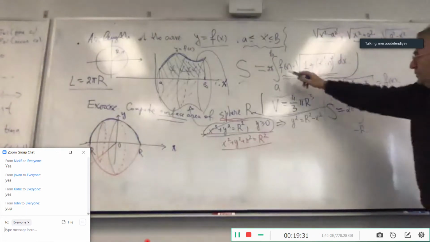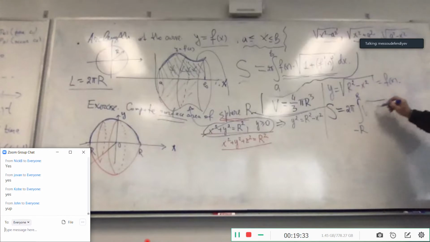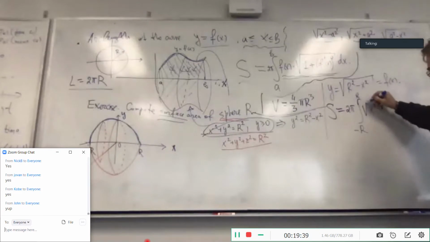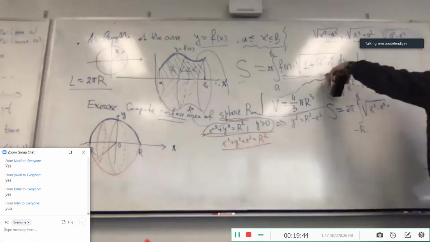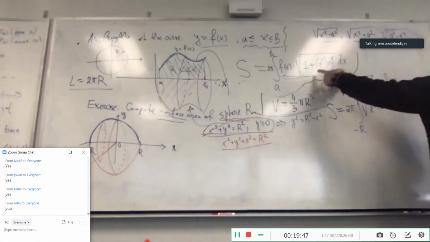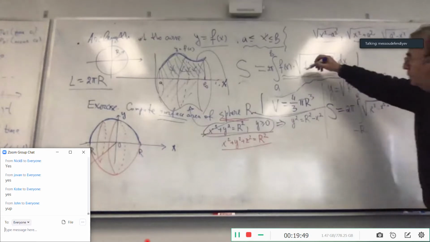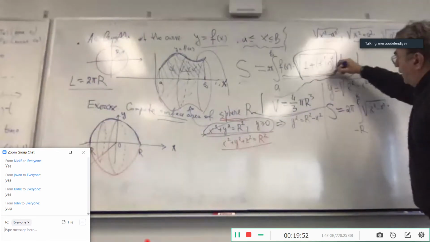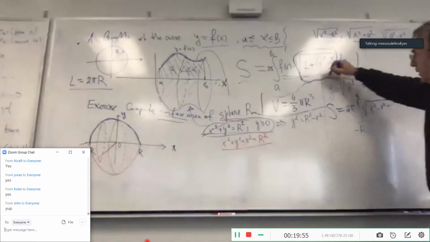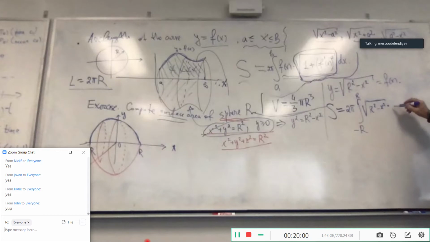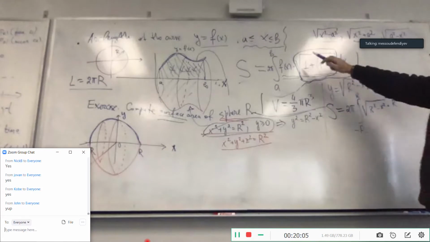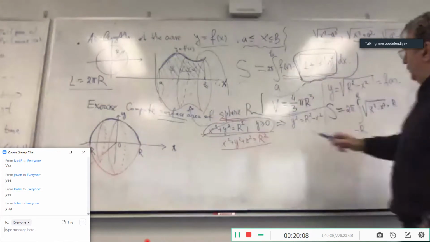Now, f of x, so square root of r squared minus x squared. Now, if you take a derivative of this function, take a square and add 1. We did this last time when we tried to find the length of the sphere. It's easy to take a derivative of this function.